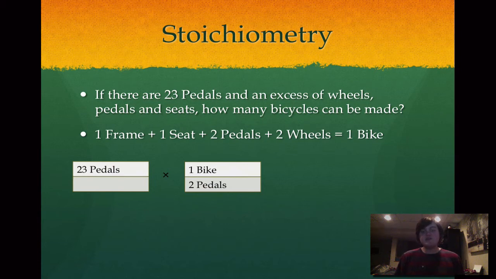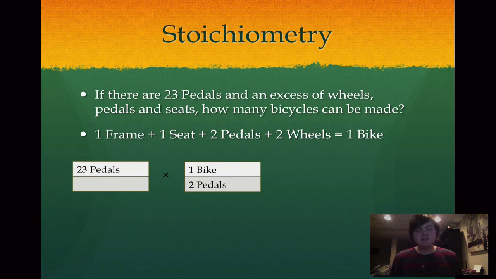Then, using the molar coefficients, we can make a molar ratio. If we look at our balanced chemical equation, the coefficient next to bike is 1. So in this conversion factor, we put a 1 next to bike. If we look at pedals in the balanced chemical equation, we see that the coefficient is 2, so we will place a 2 next to the pedals. This allows us to cancel off pedals.